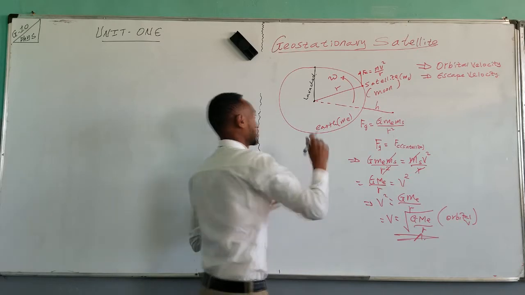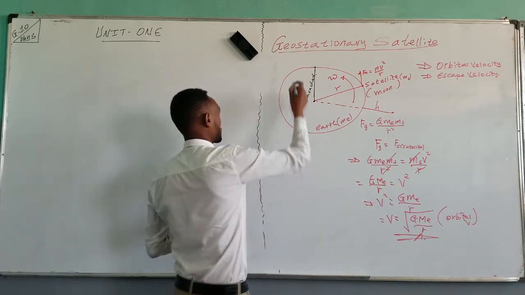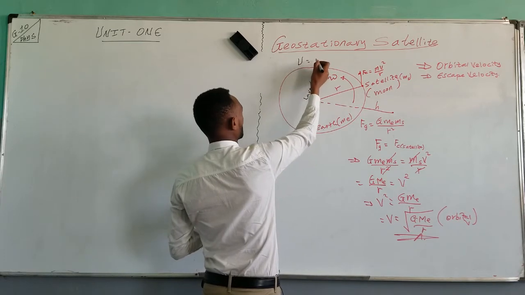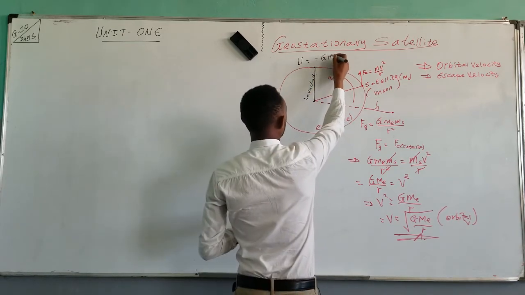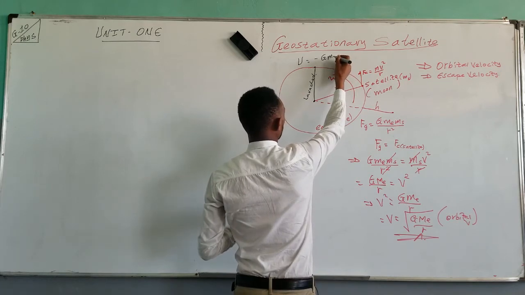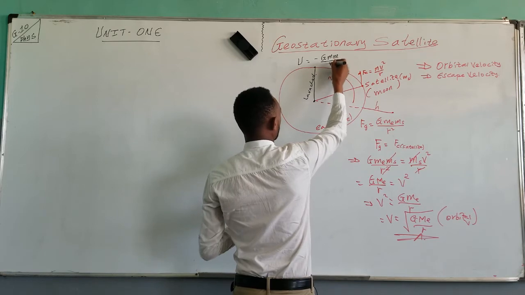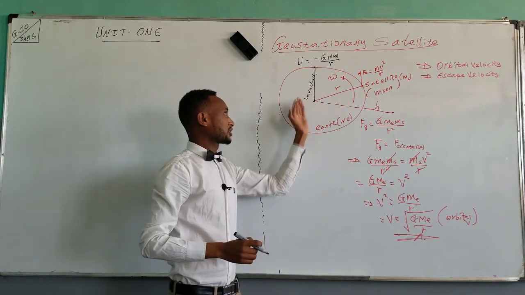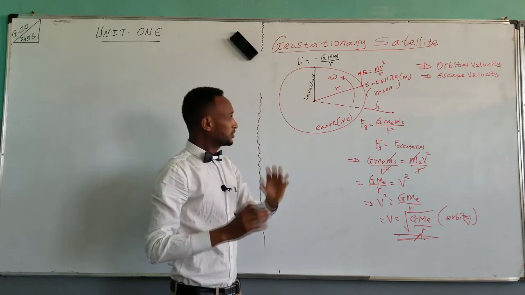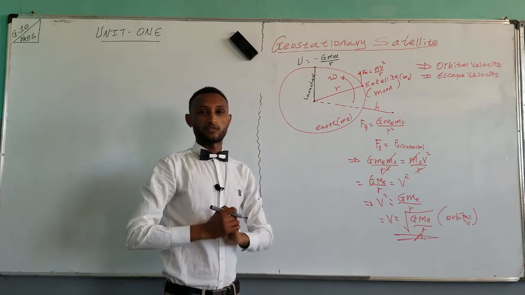In that case, you know that the potential energy can be given as minus the gravitational constant times the mass of the Earth times the mass of the satellite over the distance between them. If the satellite is launched out, it will be able to climb out of the maximum potential of the Earth.